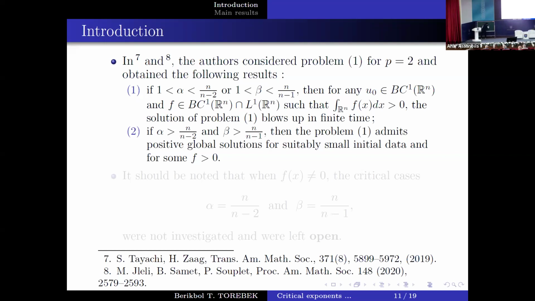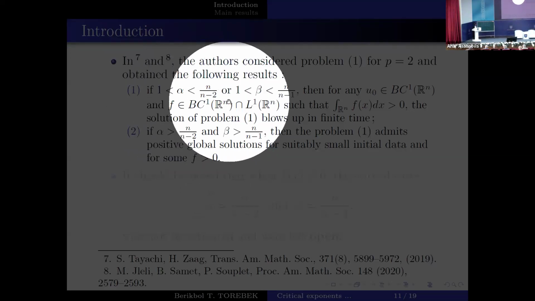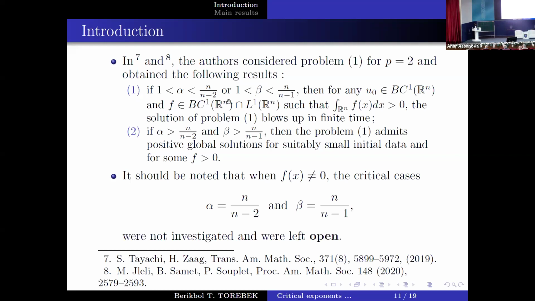Then T is infinite. The solution is global, it exists. And if you note here, the critical case was not investigated and was left open.